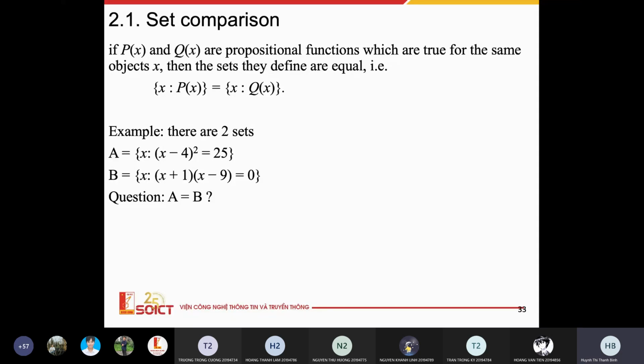If P(x) and Q(x) are propositional functions which are true for the same objects x, then the sets they define are equal. And here's the example.